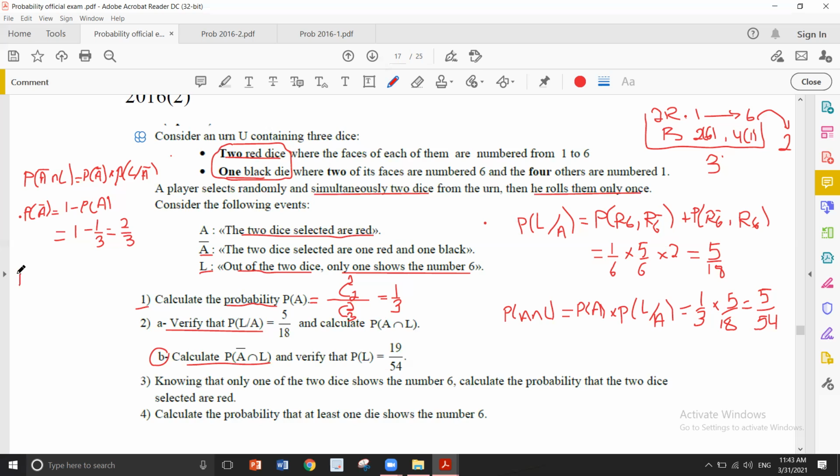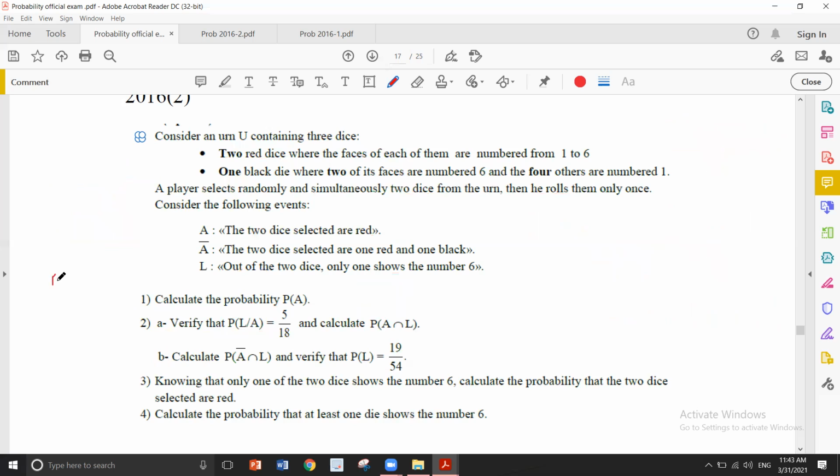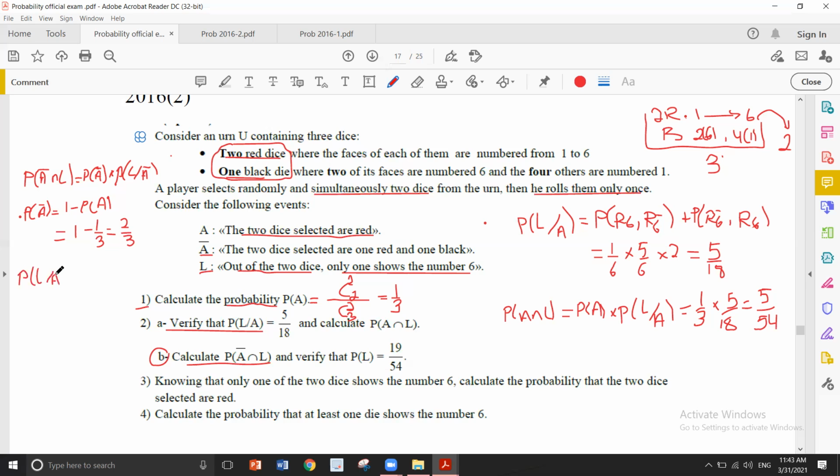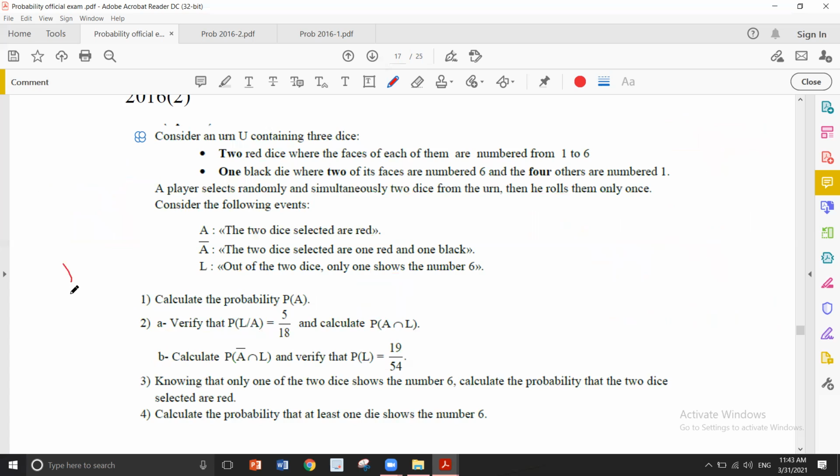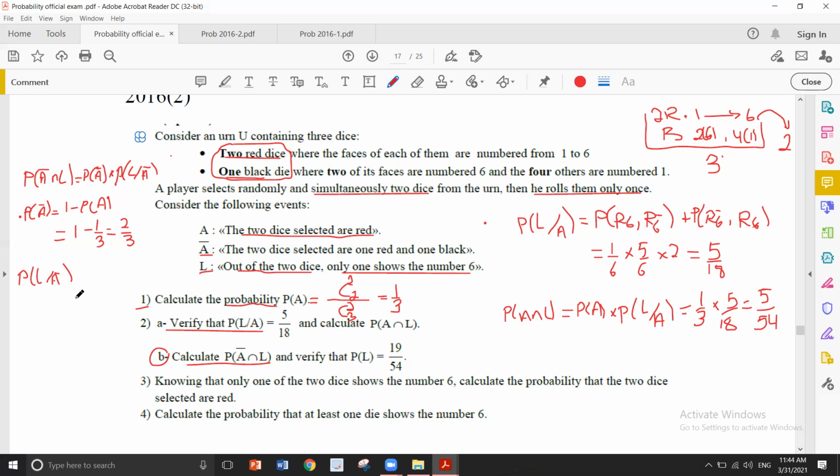Now, what is the probability that L given A bar? Who can explain it and how to calculate? Given A bar, that is one red and one black. L, one of the two dice only shows the number 6.